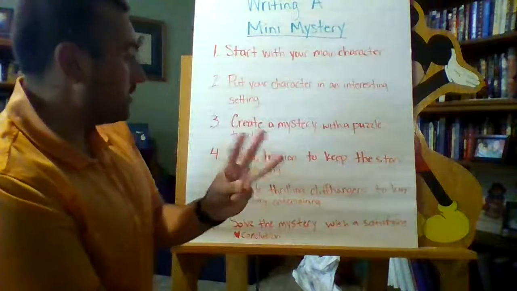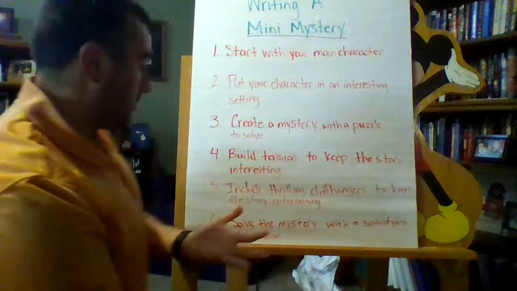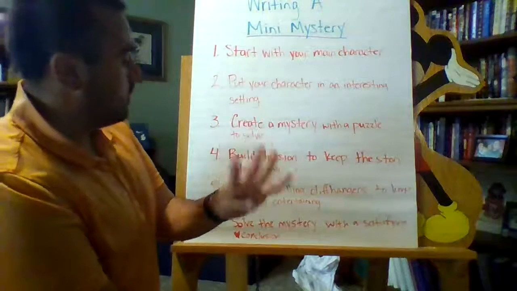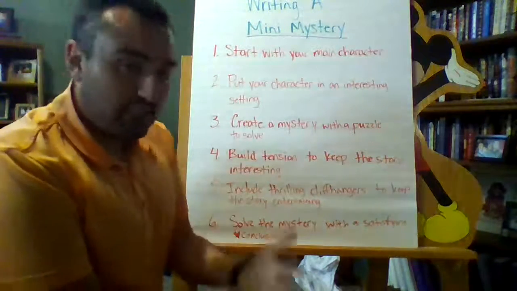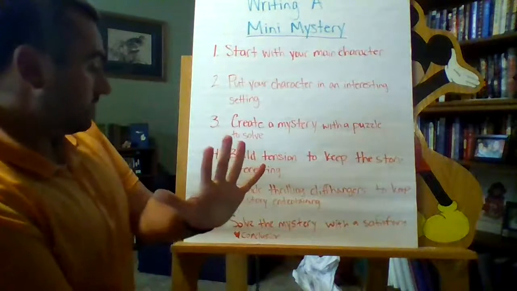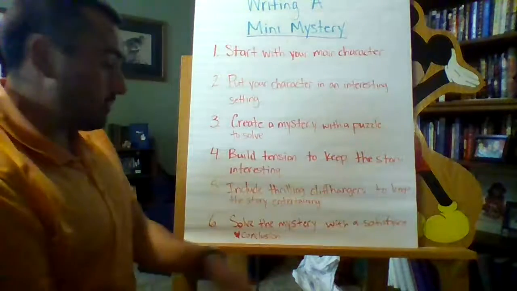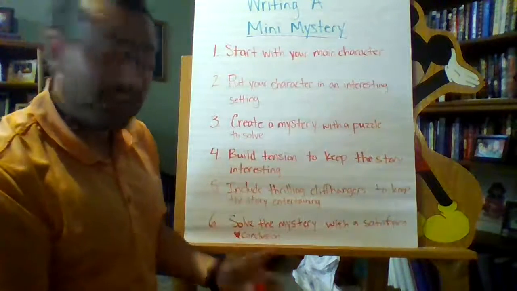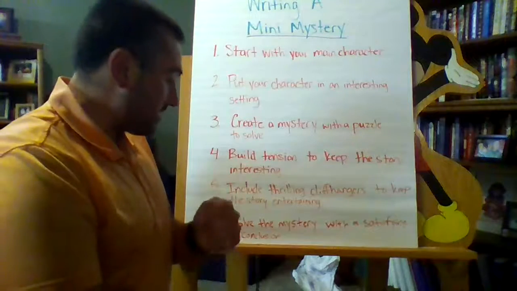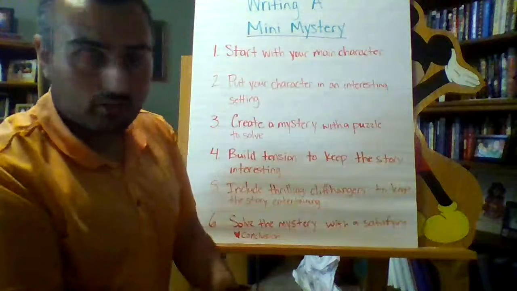Number 3, create a mystery with some kind of puzzle to solve. 4, build tension to keep the story interesting. 5, include thrilling cliffhangers to keep the story entertaining and exciting. And then finally, 6, solve the mystery with a satisfying conclusion.